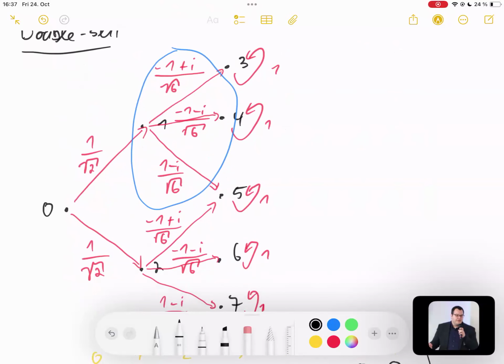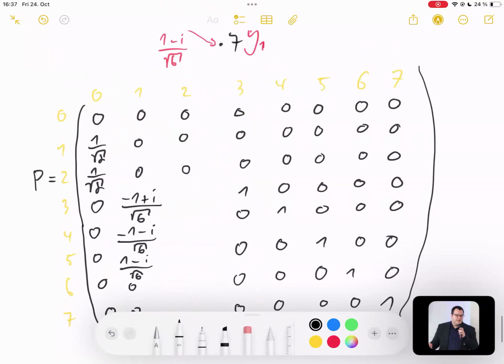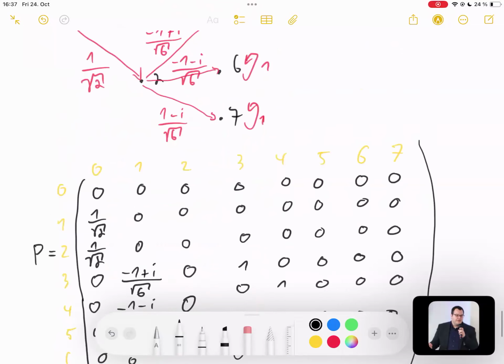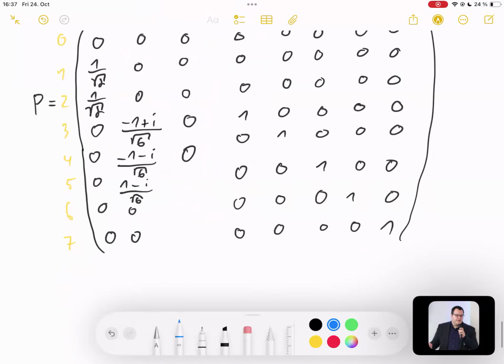So minus 1 plus i, minus 1 minus i, and 1 minus i. They are here. These entries are also 0. And then we have the next 3 entries, which is minus 1 plus i, minus 1 minus i, and 1 minus i, always divided by the square root of 6. So we just write them down here.